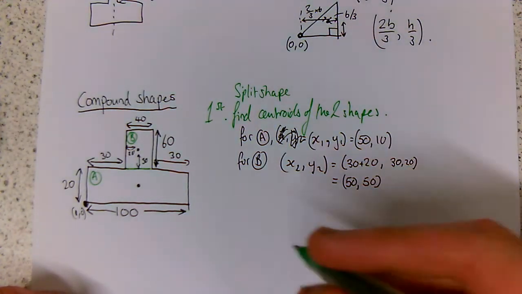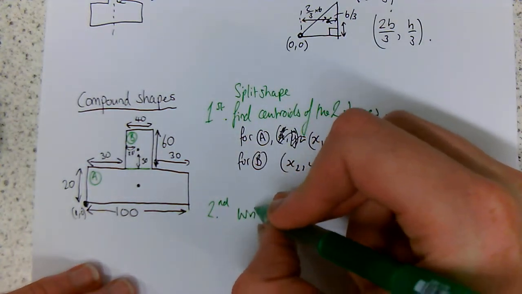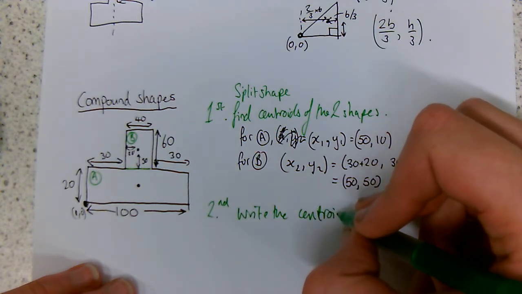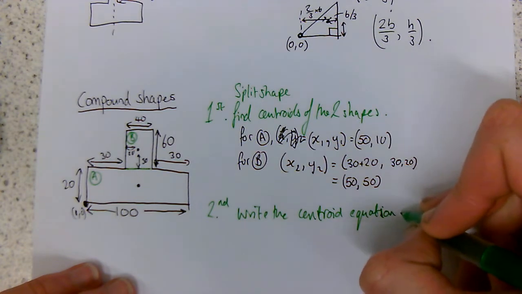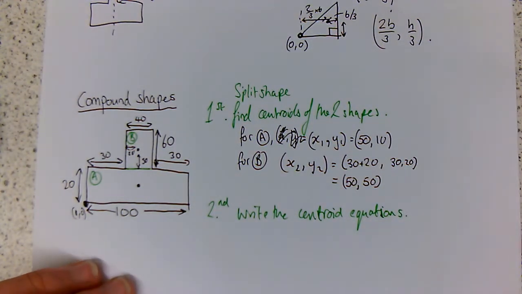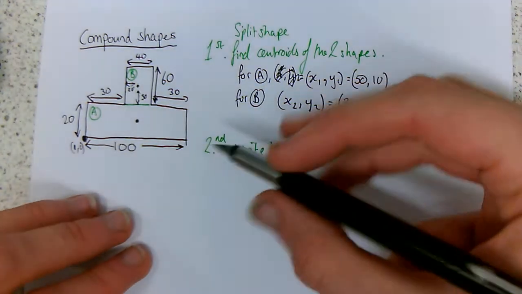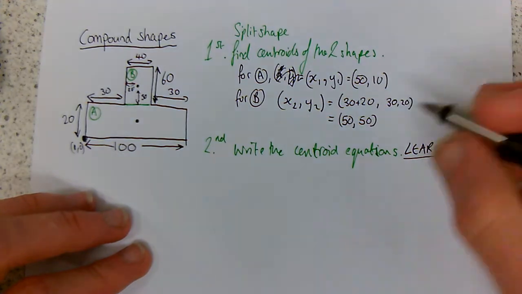Now the second thing we need to do is write the centroid equations. These are the ones that help us calculate our centroid for the combined shape. These are not given to us, so we must learn these.